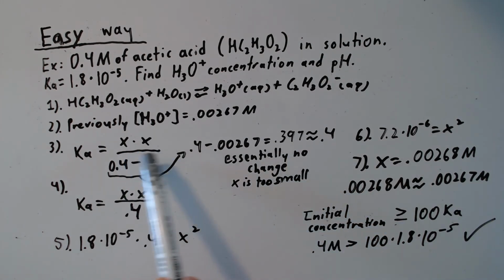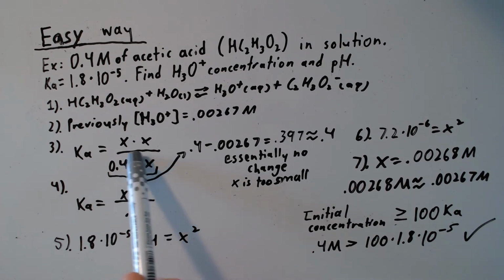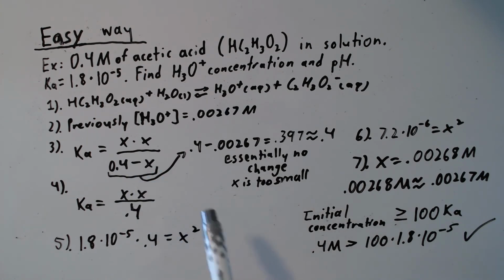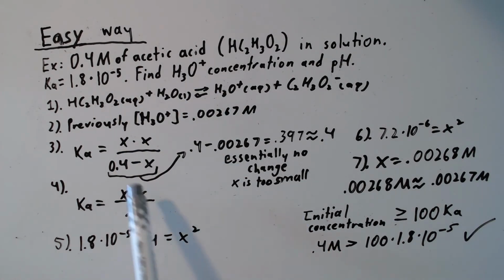However, when we need to find the x on top, we can actually take out this x, because there was so little of this x that it essentially does not affect the lower part of this equation. And therefore we can get rid of this x and just pretend as if the initial concentration of this acid stayed the same, because it essentially did. It's just so little of it dissolved, as you can see.